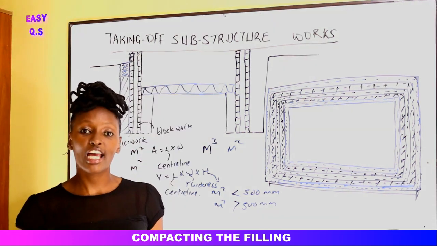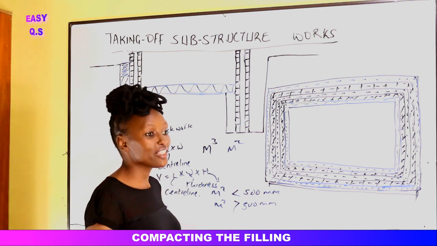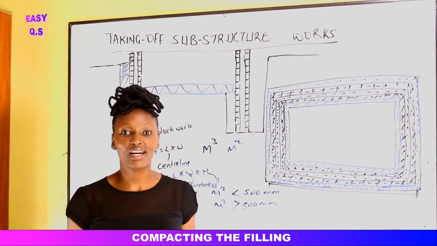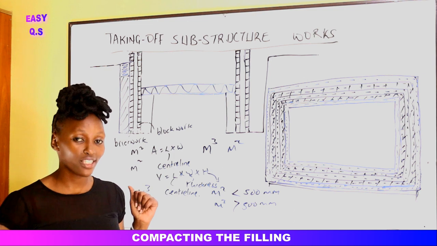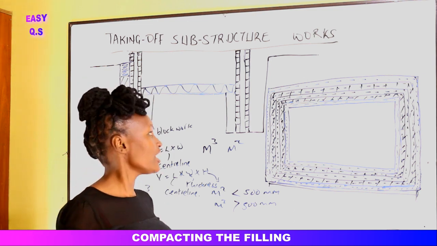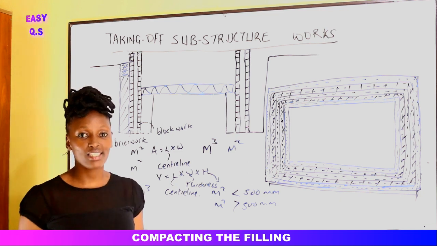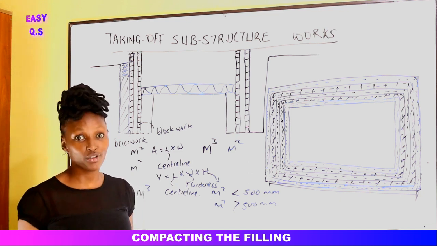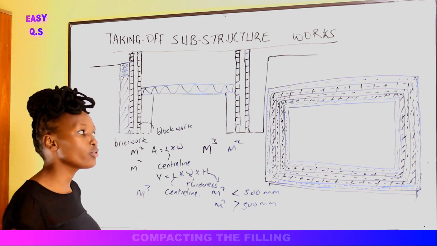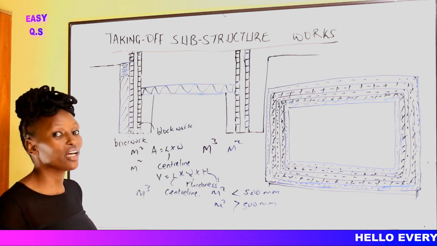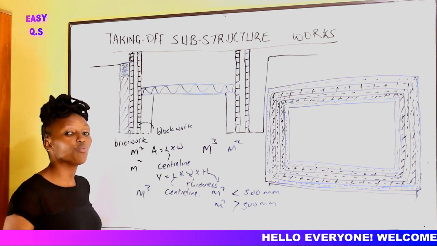After we have done the hard core inside that building, the next item that we need to do is to compact that filling. The hard core needs to be compacted. You realize that compacting is work that will need labor. So we need to account for it, and that's how we need to measure it.